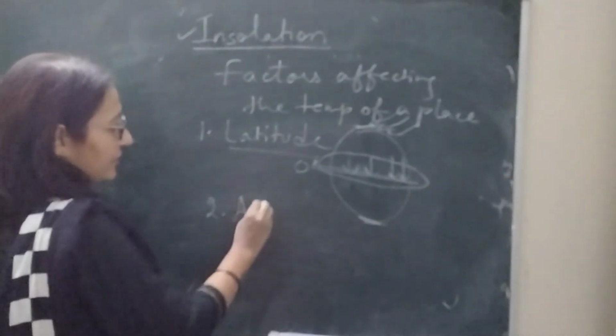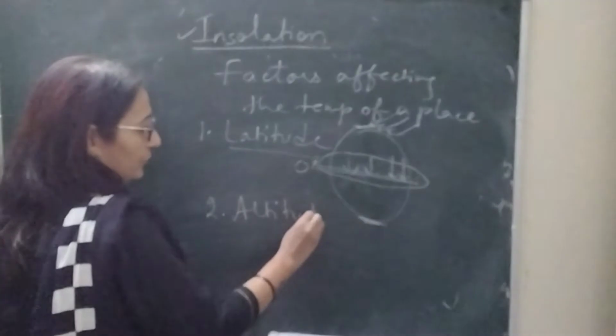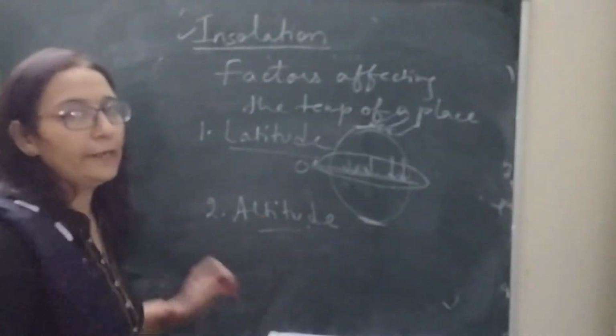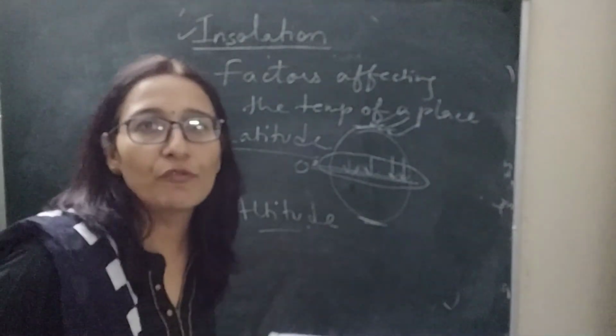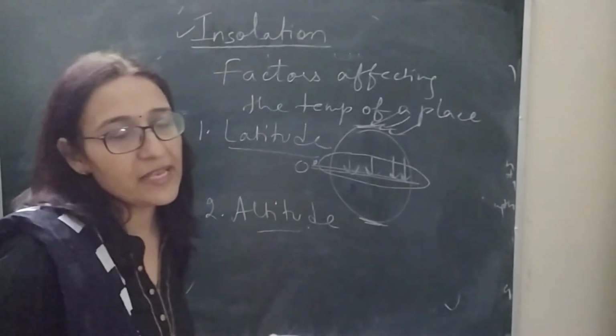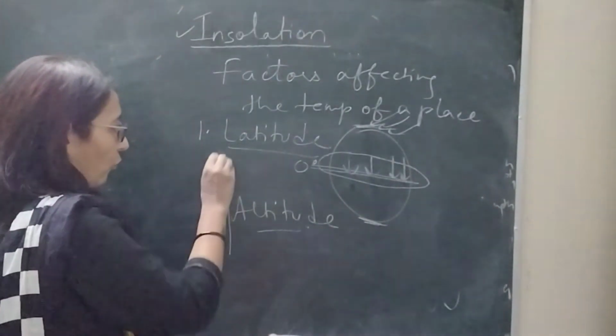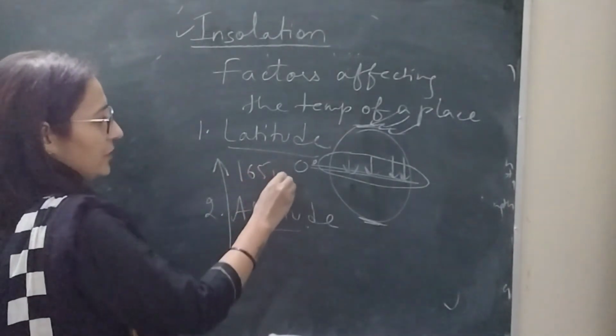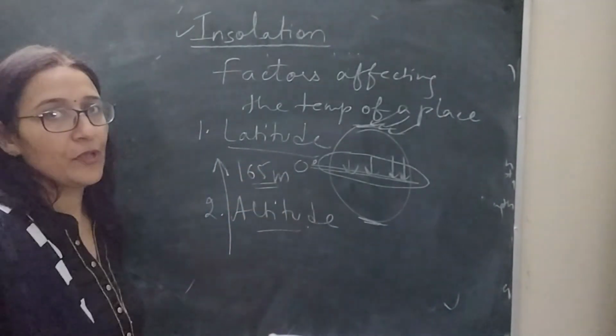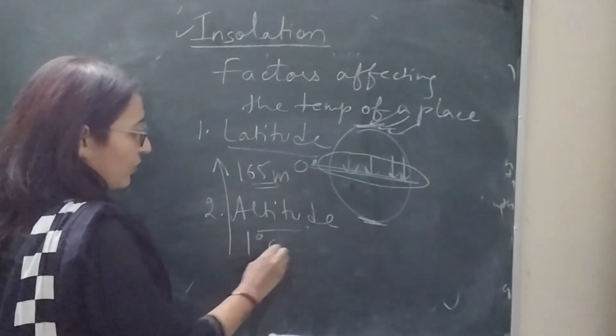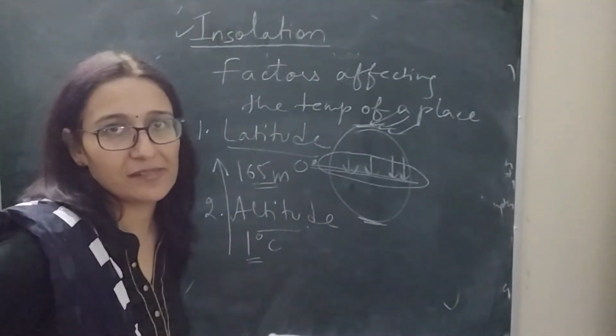The second one is altitude. What is altitude? Altitude means height above sea level. As I have told you in previous videos, if we cover 160 meters of height, temperature will be reduced by 1 degree Celsius.